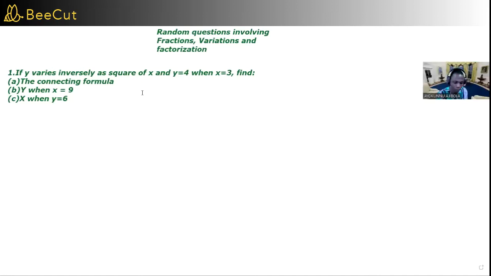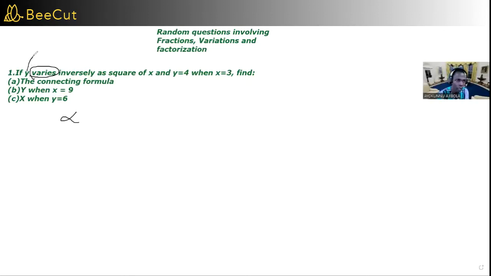Now, let me quickly show you how to do that, so that whenever you see any question on this, the moment they use this word vary, you are going to introduce what is called proportionality sign. So what are the two things you are considering?